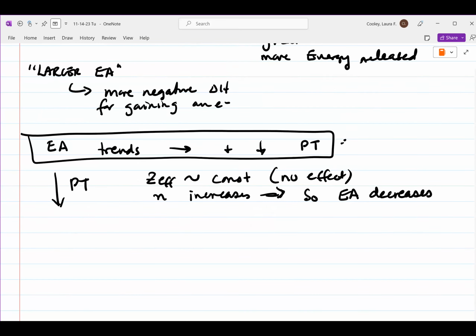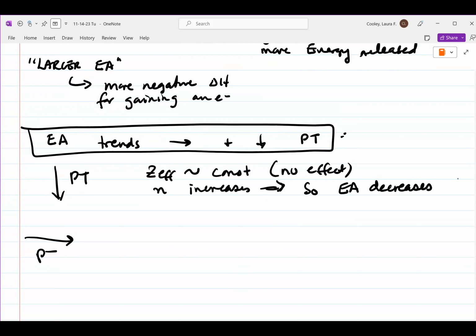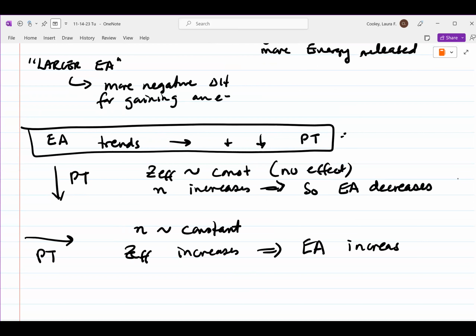As you go across the periodic table, the n value is about constant, but Z effective increases. So what happens to the electron affinity? It increases because there is a greater attraction, a greater experienced nuclear charge.